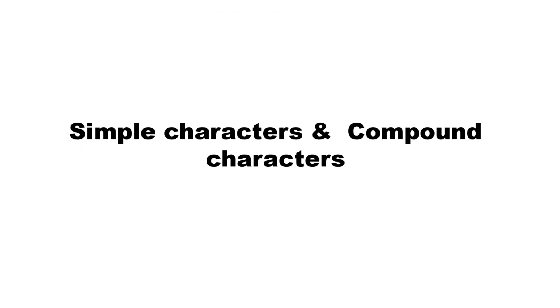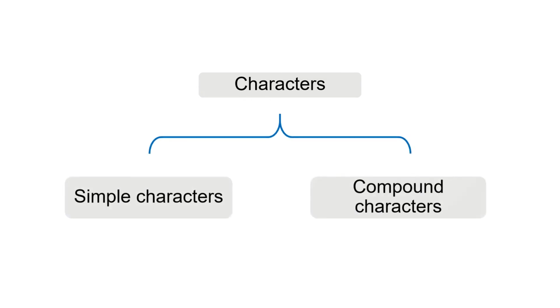Now, let's look at simple characters and compound characters. There are also two types of Chinese characters, depending on whether the character can be divided into smaller components. They are simple characters and compound characters.